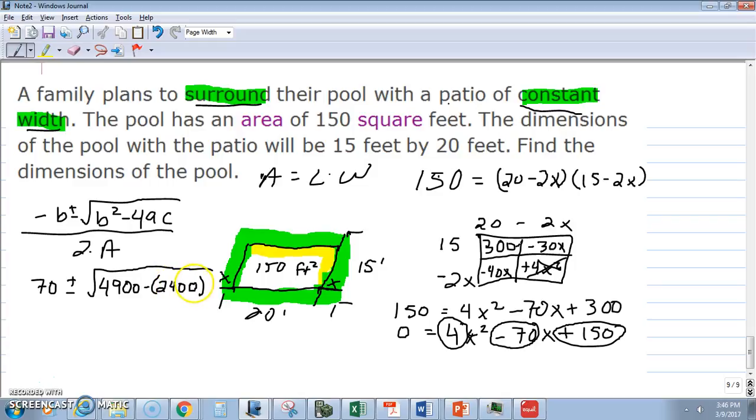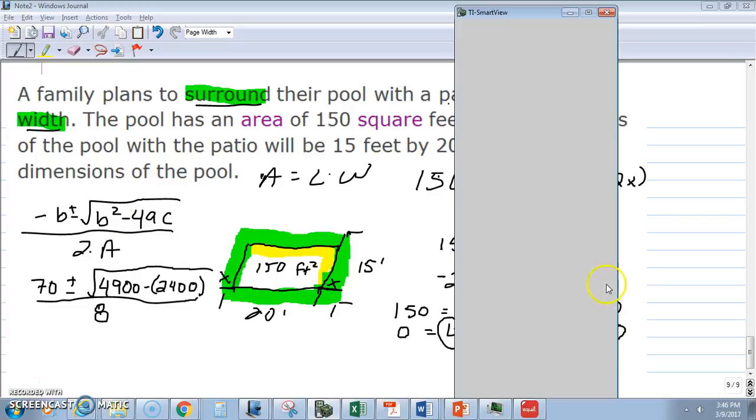I'm doing this in my head, so please let me know if I've made a mistake. All over 2 times 4 is 8. Okay, so now 4900 minus 2400 is 2500, I think, right? Maybe I should use a calculator here just to double check.